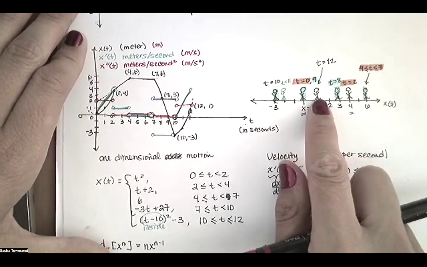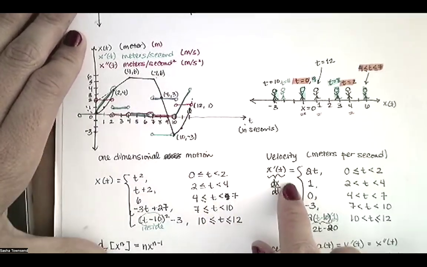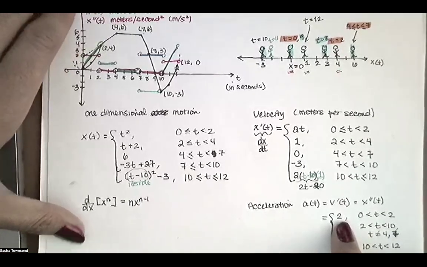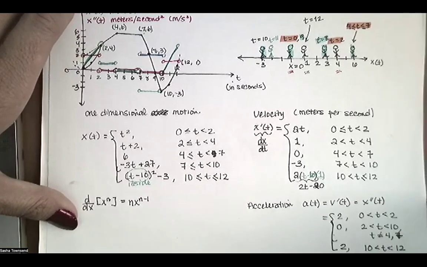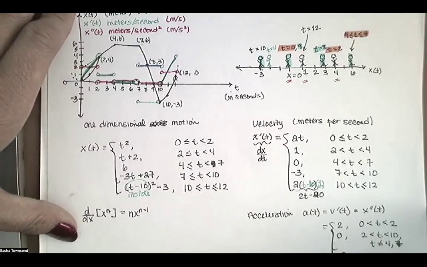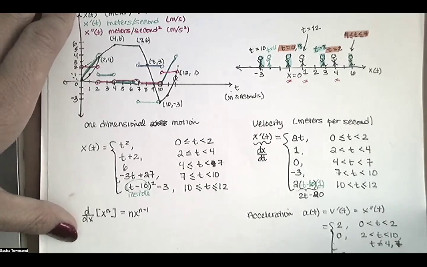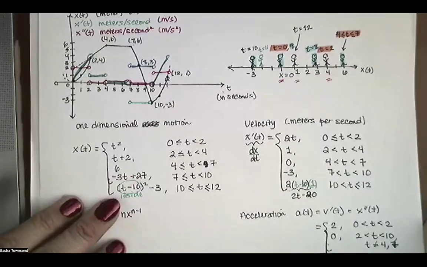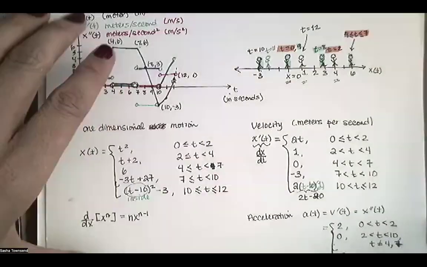So every 1 second, the velocity of that person is increasing by 2 meters per second. Does that make sense? Every second, the velocity increases by 2 meters per second. So 2 meters per second squared, yes.